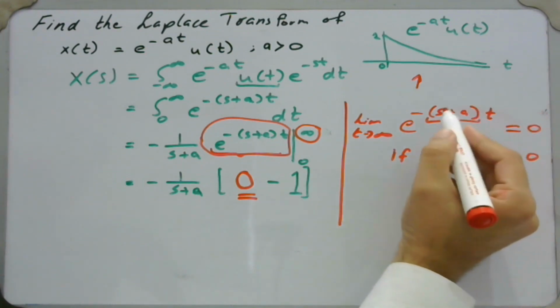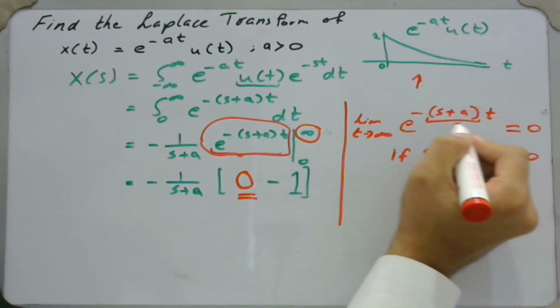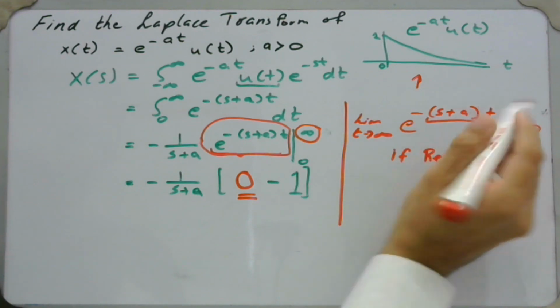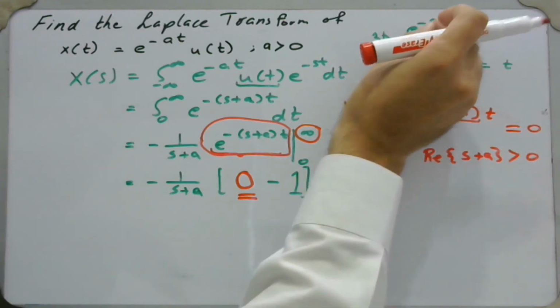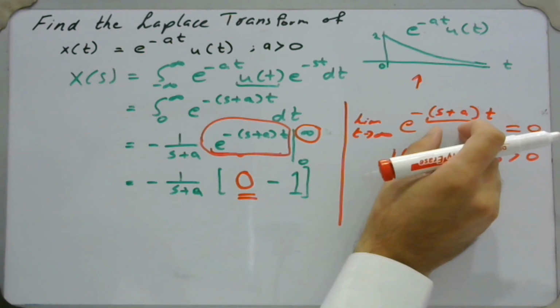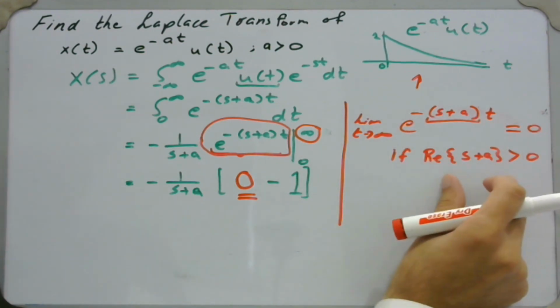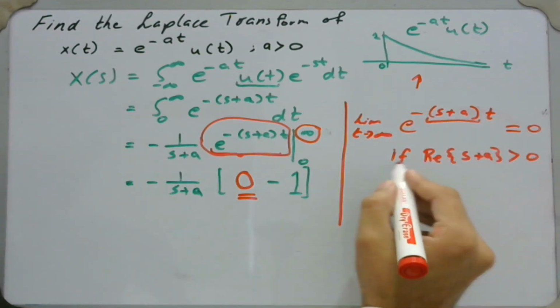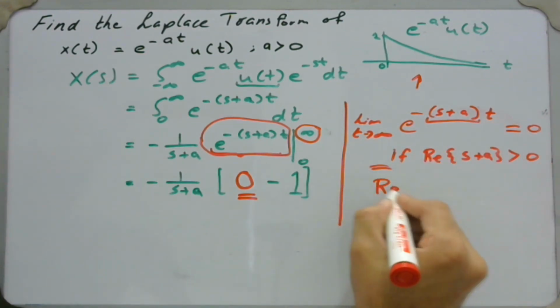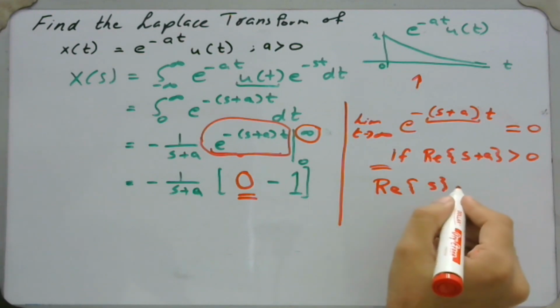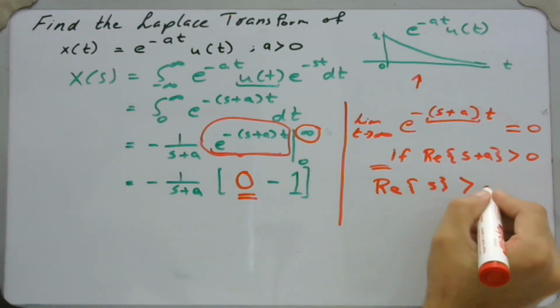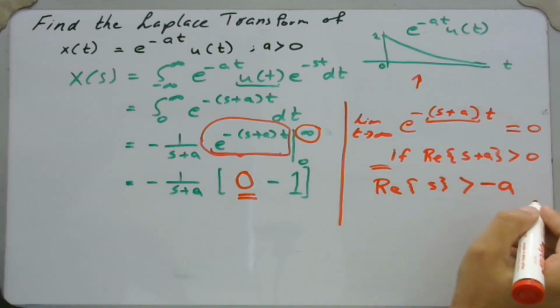Similarly, over here we are saying this whole argument of an exponential, s plus a. Over here we only had a, so now we have an s plus a. So s plus a should be greater than 0. If this is true, then this is true. So this means that the real part of s, in the complex plane, would be greater than minus a.